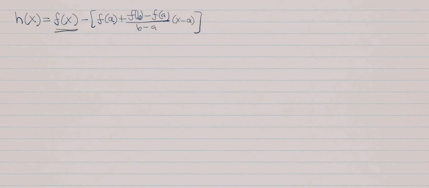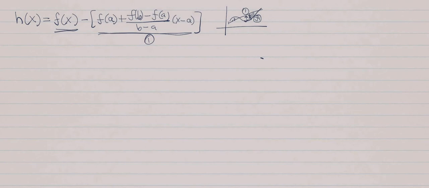This is our function, and this is the equation of the line segment. Let's just draw the diagram again. Equation number 1 is the equation of the line segment connecting the points, and f of x is just the function. So h of x is measuring the difference between the function and the line segment. So these differences.